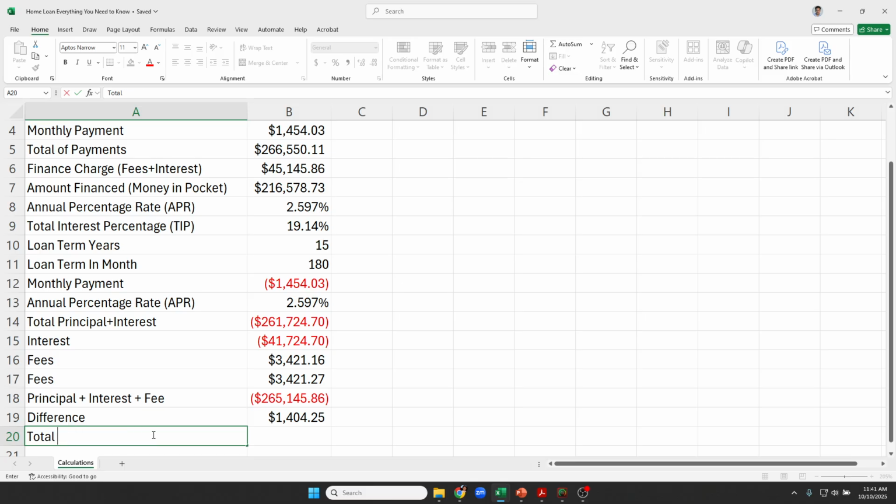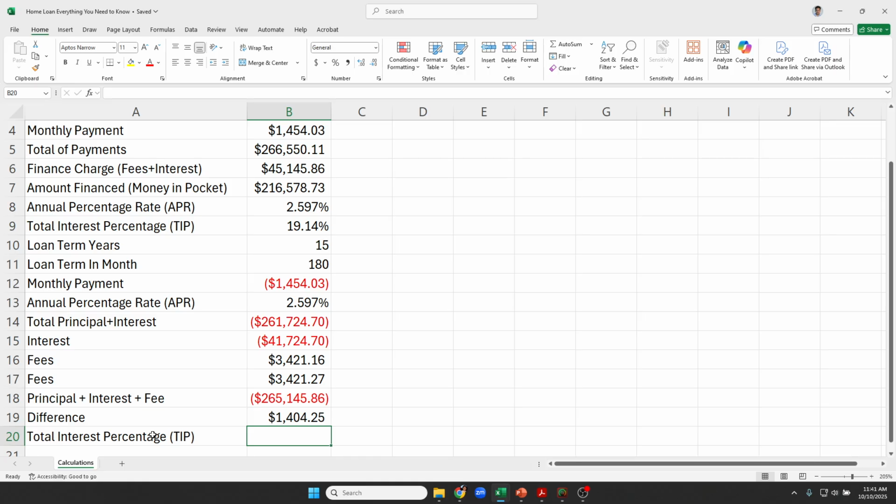So this is total interest percent, TIP. TIP is simply how much interest you pay, divided by, I'm going to use a minus sign to make this a negative interest rate, divide by the total, actually this plus the difference. That was actually the total.